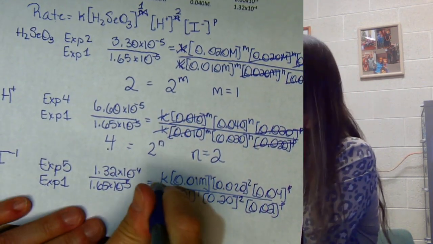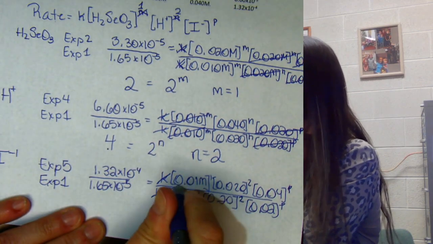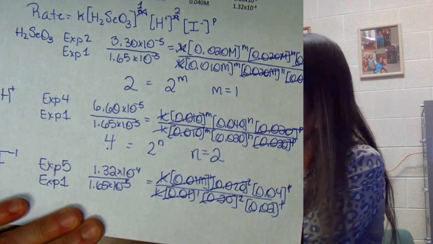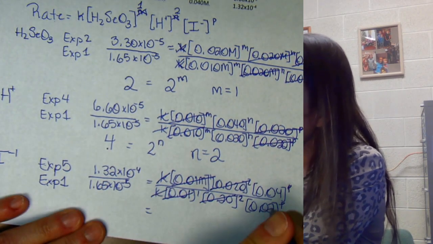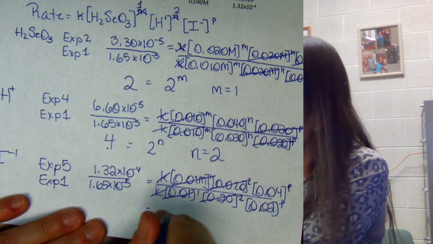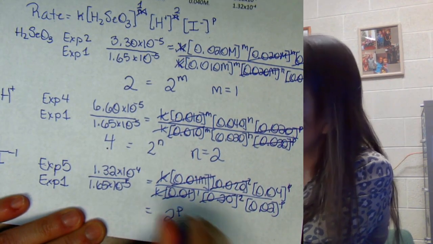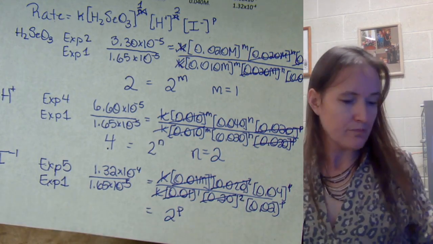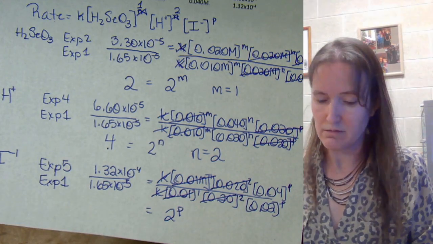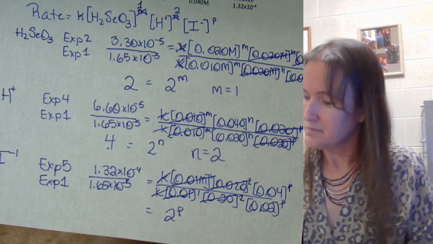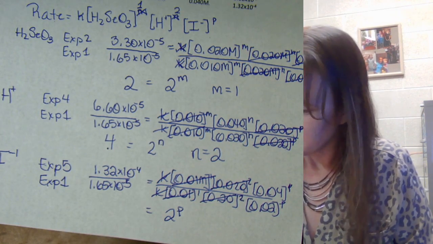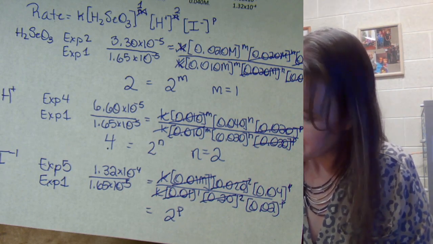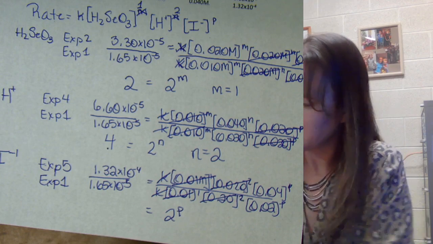So we cross out common things. We cross out K. We cross out the acid concentration, the hydrogen ion concentration. When you divide the iodide, you get 2 raised to the P. When you divide the rates, you get 8.